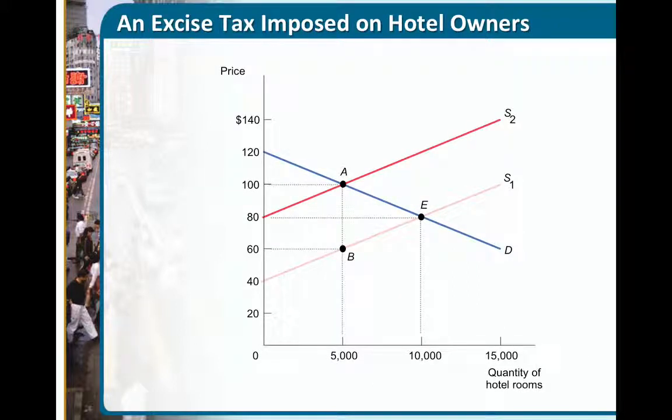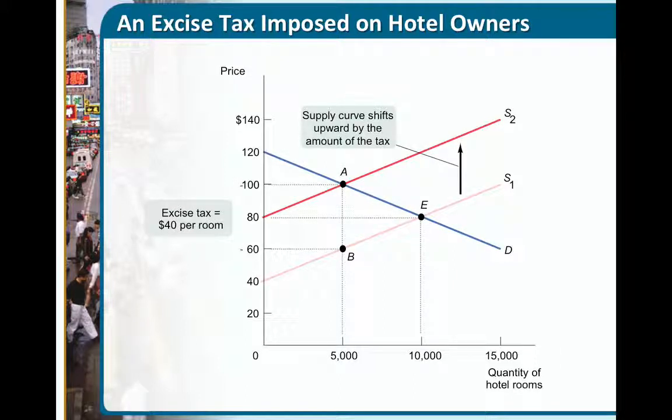But if there is an excise tax imposed on hotel owners, you'll see here that the supply curve shifts up by the amount of the tax, in this case $40 per room. So point A looks like the new equilibrium for the second supply curve, and that's with the excise tax.